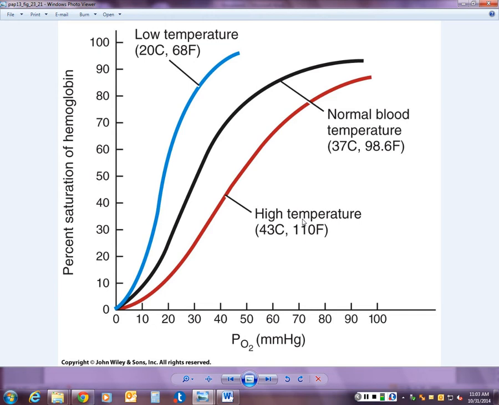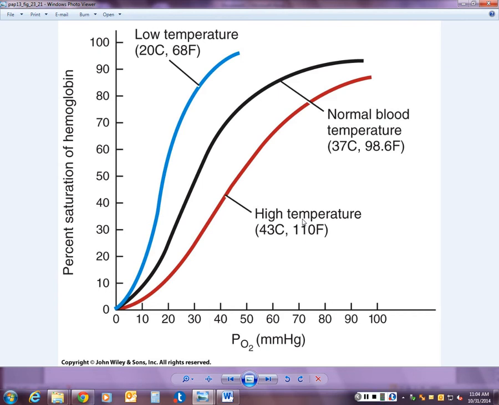So increasing amounts of acid, elevated levels of PCO2, and also increased amounts of heat all indicate a rise in metabolism. If the metabolism rises, what will also increase is the need that the tissues have for oxygen. So if you look at it, higher amounts of acid, higher temperature, and also higher PCO2s will all decrease affinity for oxygen.